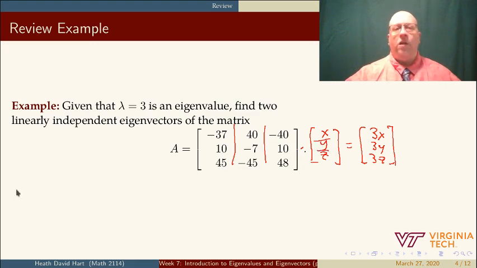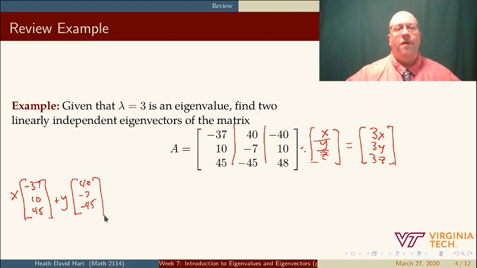So let's column rule this. x times (-37, 10, 45), plus y times (40, -7, -45), and z times (-40, 10, 48). And this will equal (3x, 3y, 3z).